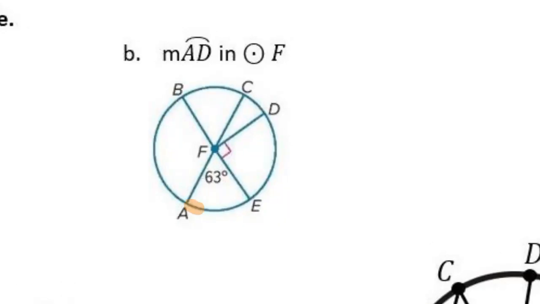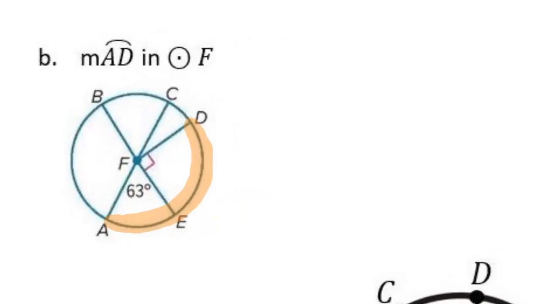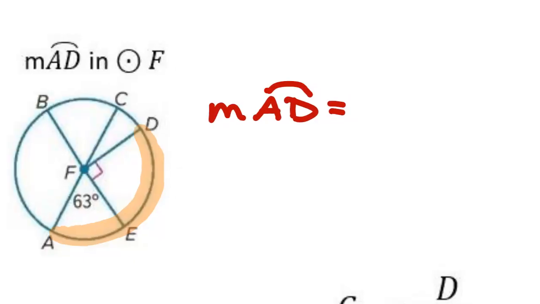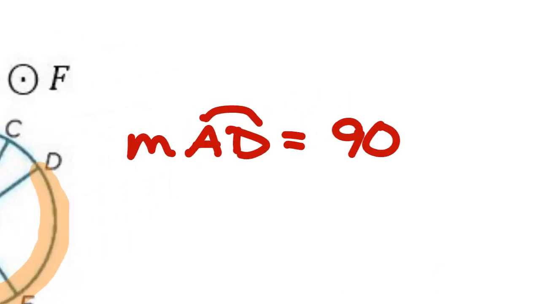All right, over here on part B, we want arc AD. The measurement of arc AD would be made up of what two smaller arcs put together? 90 and 63.